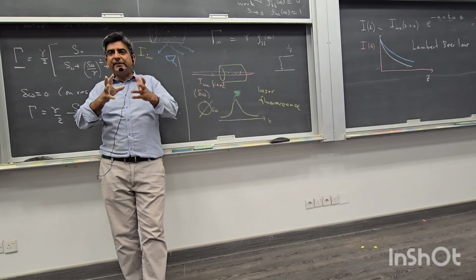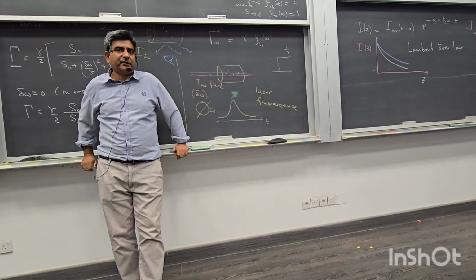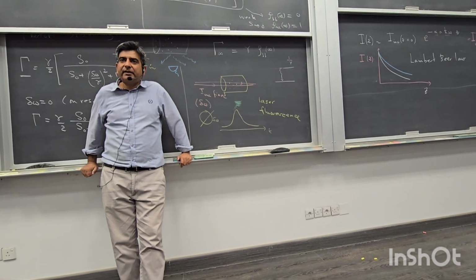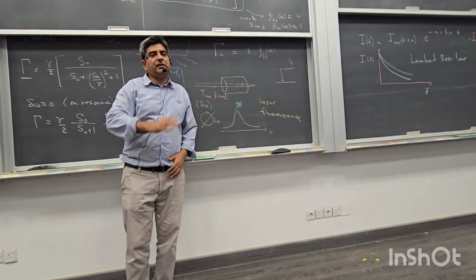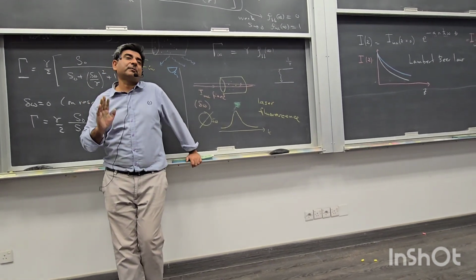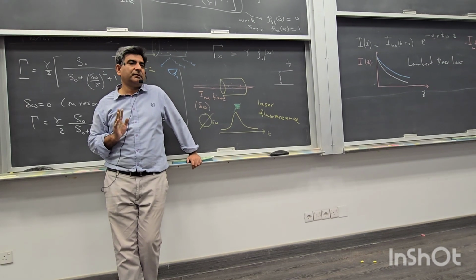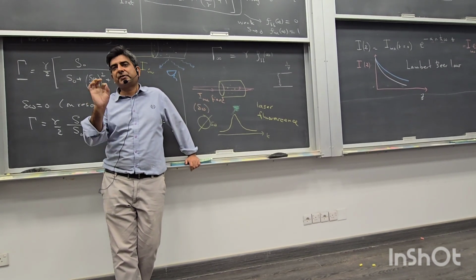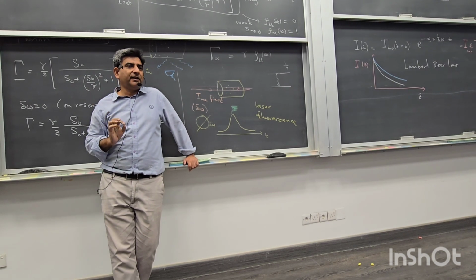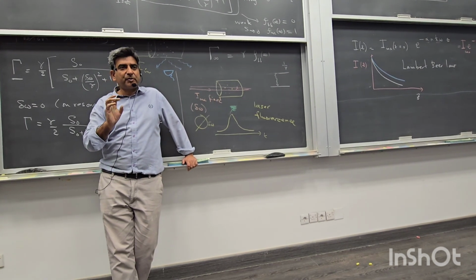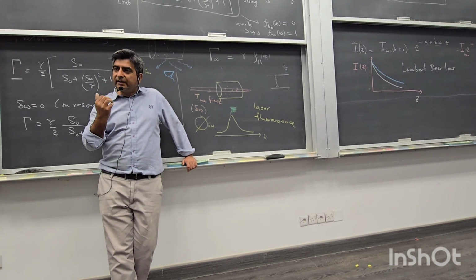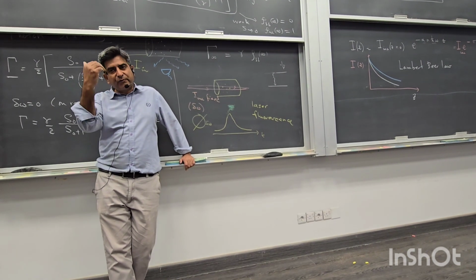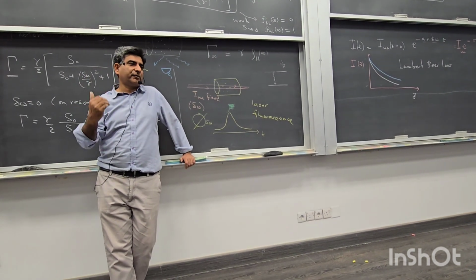So light in this sense acts like a harmonic oscillator, with the electric and magnetic field operators acting as position and momentum operators. Out of these you can then create, through their superposition, creation and annihilation operators, and those create or annihilate photons. So photons become excitations of the harmonic oscillator.